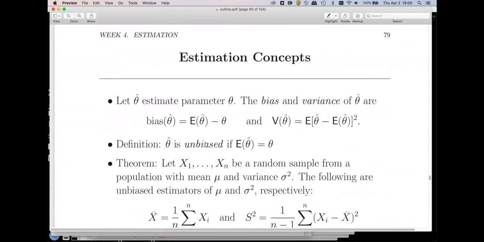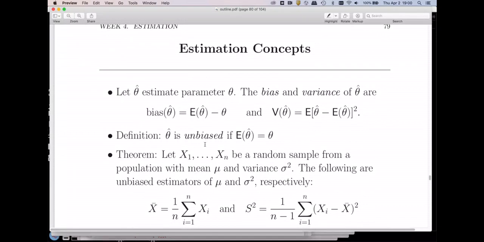So let's go to the next slide, which is our definitions of different estimation properties. So we tend to use theta hat as a generic estimator. So theta hat is just some estimator of a parameter theta.